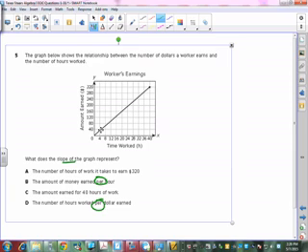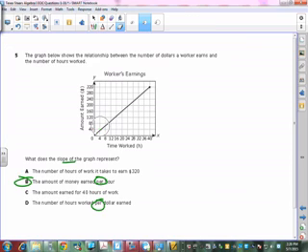And what do you think the answer is? It is B, isn't it? In fact, you can kind of tell they're making about how much per hour, just to estimate. 4 hours, they're getting close to $40. 8 hours, they're getting kind of close to 80. About $10. Yeah, they're making about $10 an hour.